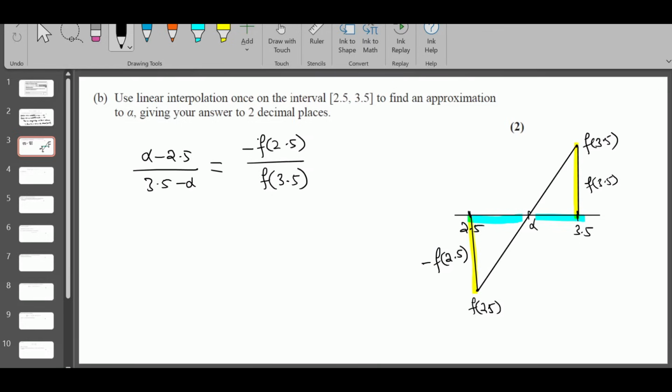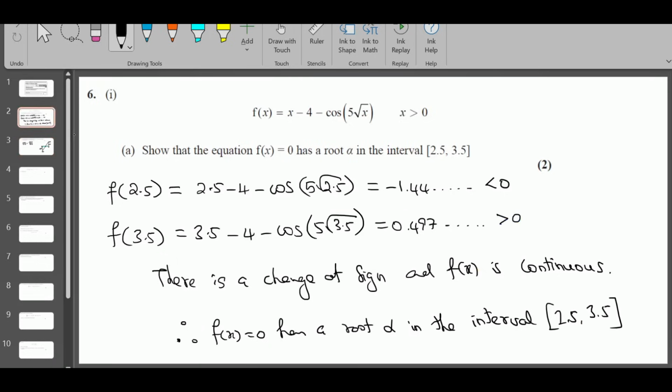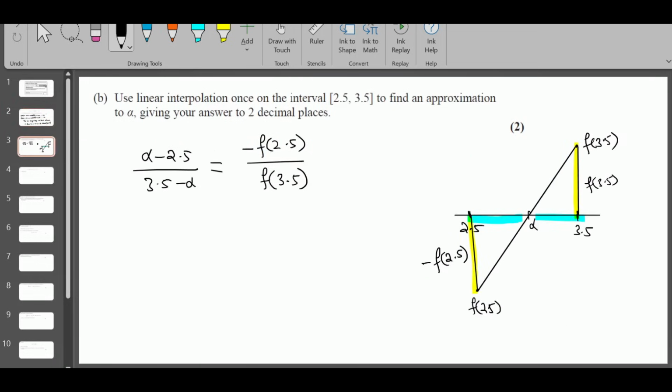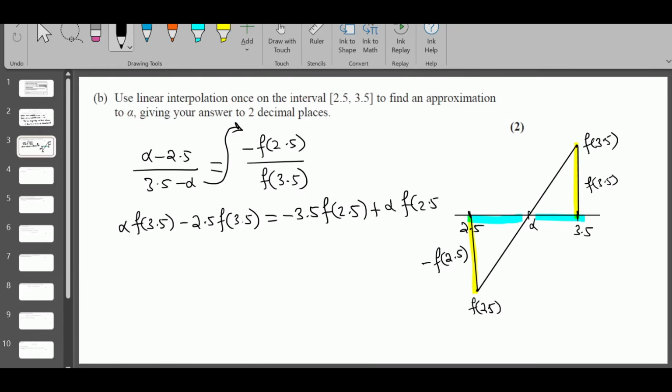Why I have taken minus f of 2.5? Because talking about length, f of 2.5 is a negative number. So minus f of 2.5 is going to be a positive number. Now cross multiply, make alpha the subject. So when you multiply these two, alpha times f of 3.5 minus 2.5 f of 3.5 is equal to, multiply these two, so 3.5 f of 2.5 with negative times negative, plus alpha f of 2.5.